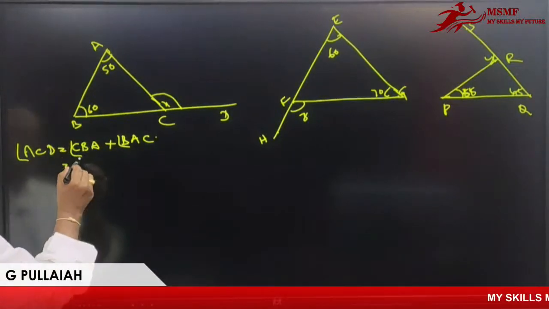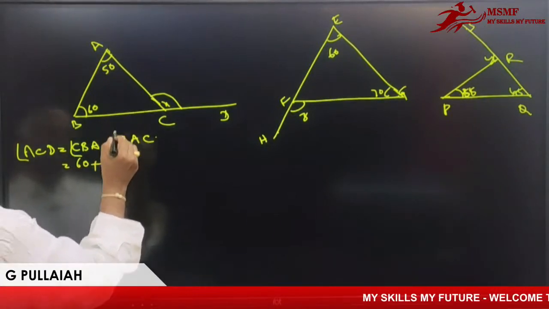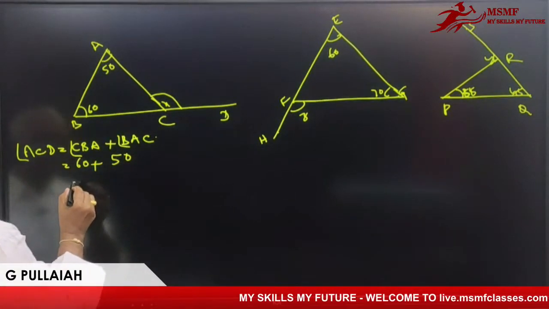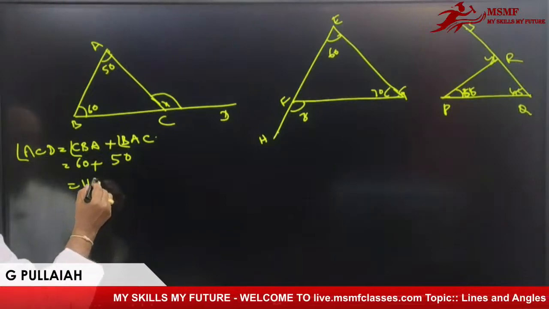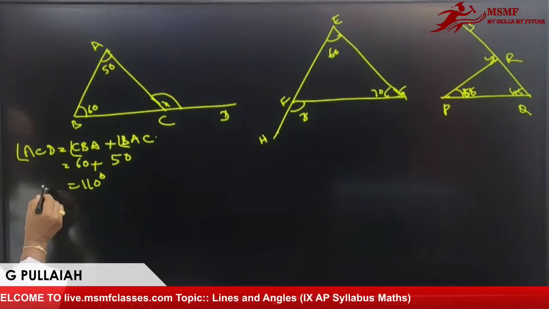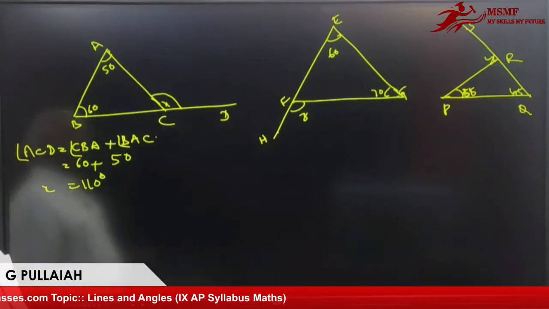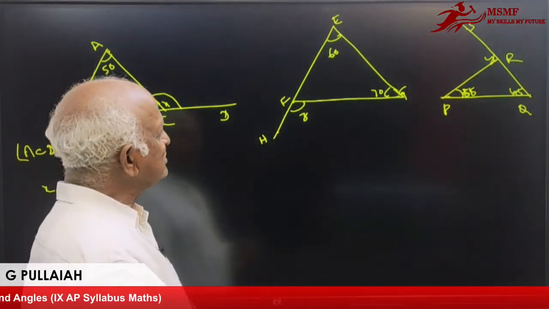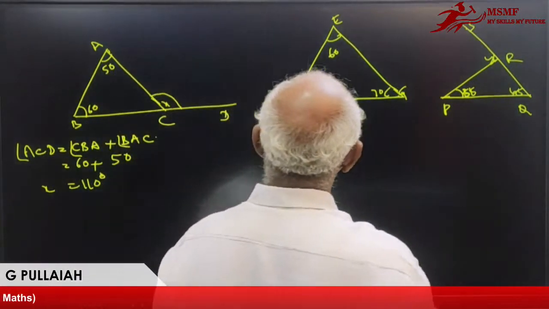The CBA is 60, the BAC is equal to 50. That is 110 degrees. So ACD is given as x. So x is equal to 110 degrees. Now let us go to the another one.